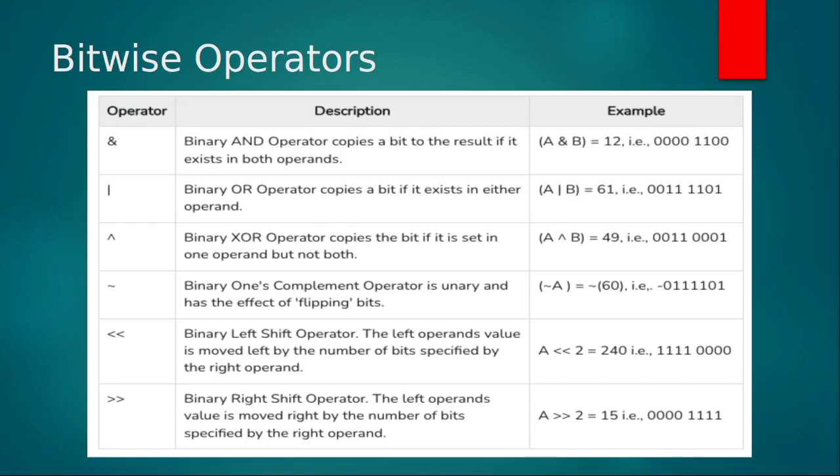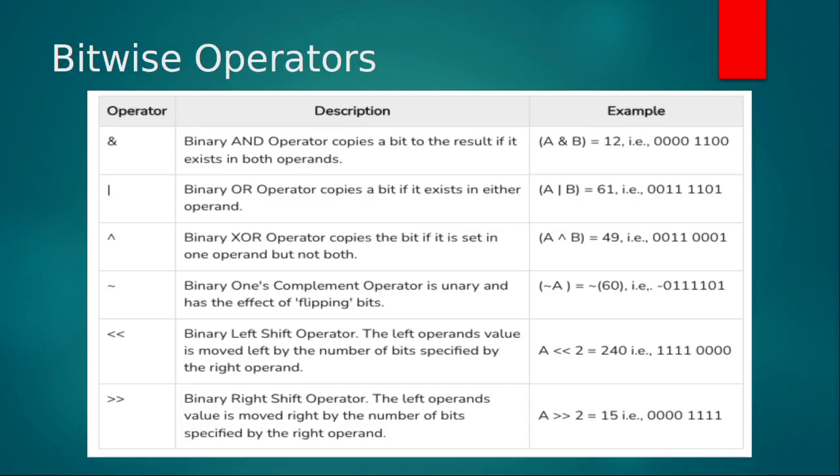Today we are going to continue and look at bitwise operators. For us to understand bitwise operators, we need to return to the concept that our values are always stored in binary form in the computer, because the computer only understands binary.